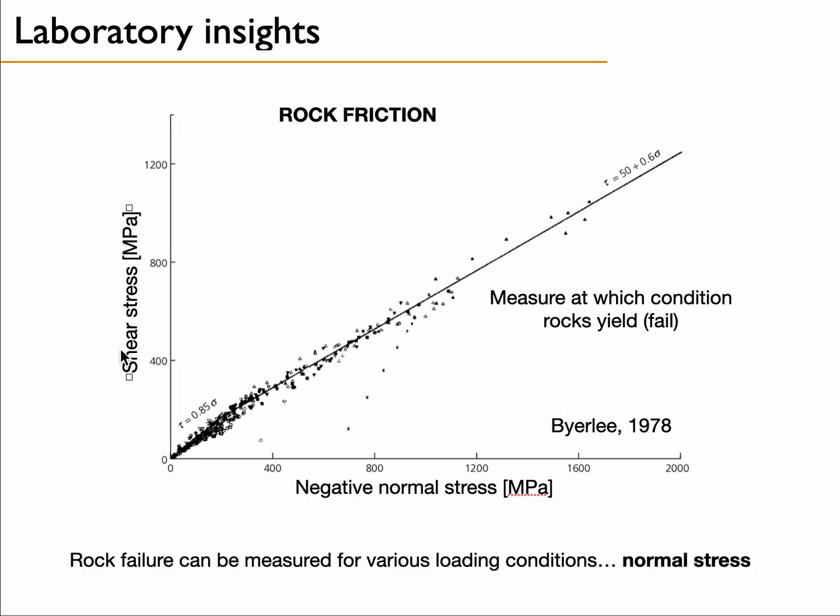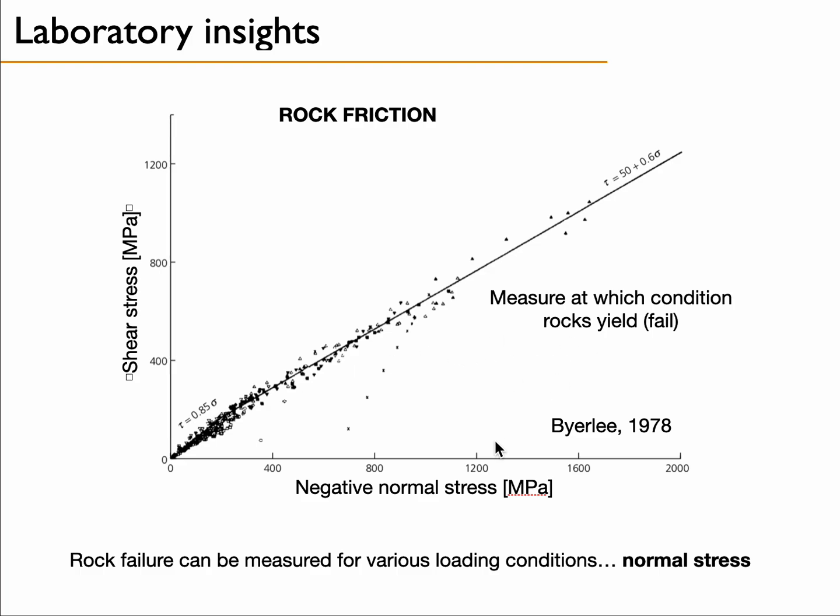So what you see on this axis is the shear stress, and on that axis is a negative normal stress, both in units of megapascal. And many points here basically represent a point in the shear stress, normal stress diagram where the rock would start yielding. So that would be the point of failure.